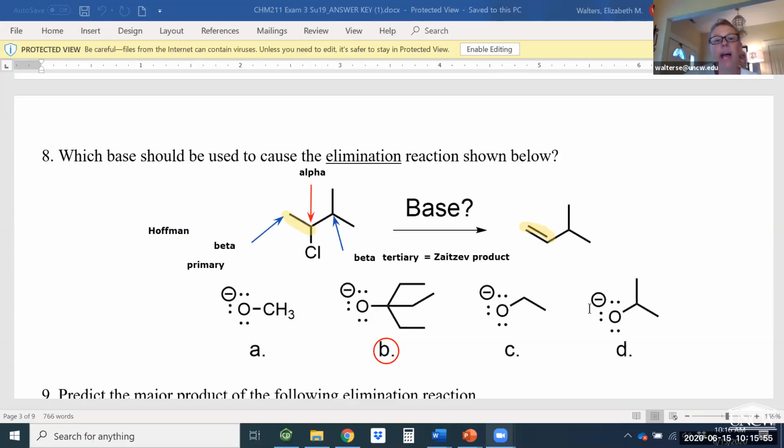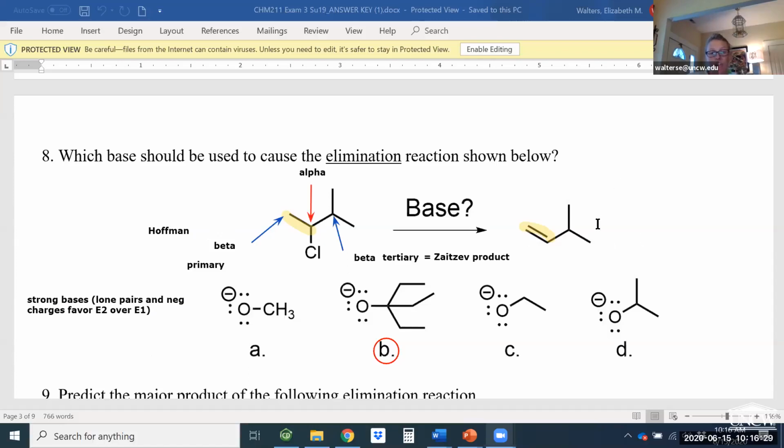You know you're going by an E2 mechanism because all of your options are strong bases. Strong bases, lone pairs and negative charges, favor E2 over E1. And in E2 reactions, the size of the base can dictate whether you get Hofmann or Zaitsev.